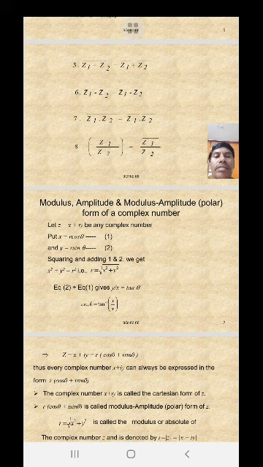Whatever the given question is, we have to simplify. How will we simplify? If it is a fraction and the denominator is complex, then we have to convert it into a real number by rationalizing. We already did this.